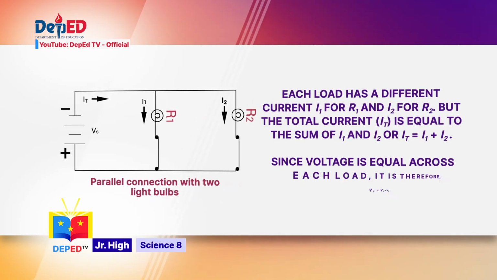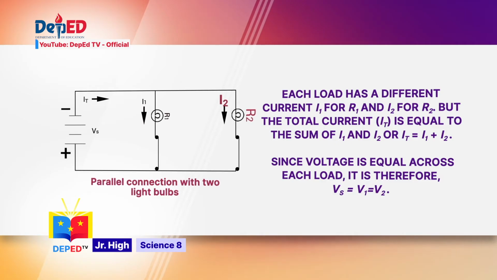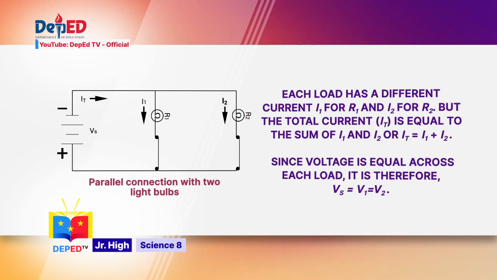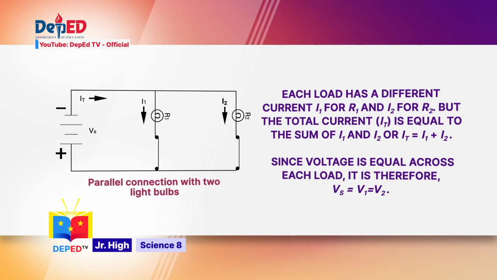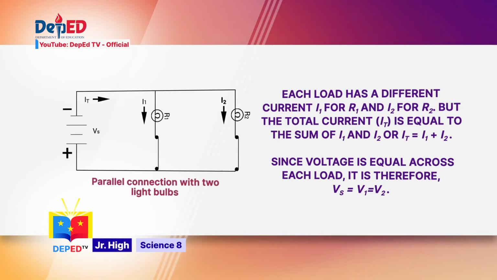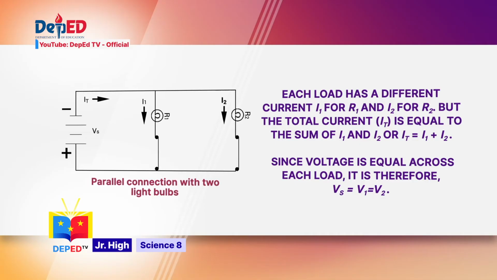Each load has a different current, I1 for R1 and I2 for R2. But the total current is equal to the sum of I1 and I2, or IT is equal to I1 plus I2. Since voltage is equal across each load, it is therefore Vs is equal to V1 equals V2.